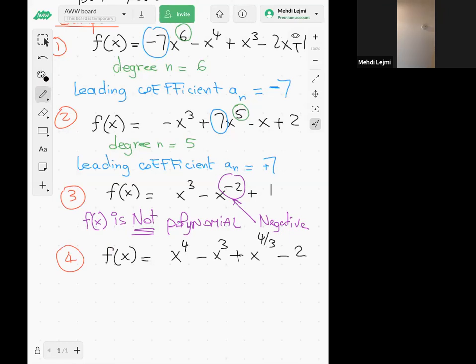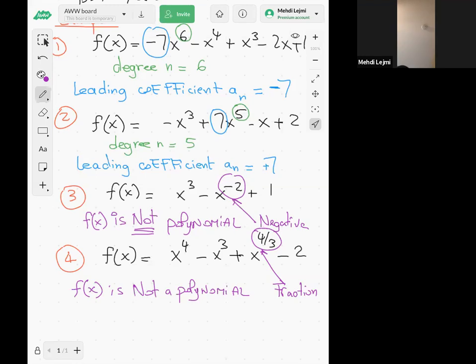All right, so here we have a fraction as a power. Okay, this is the fraction here. So then of course f of x, because we have a fraction as a power, is not a polynomial. Okay, so all the powers of x must be positive whole numbers. Not a fraction, not decimals, just positive whole numbers.